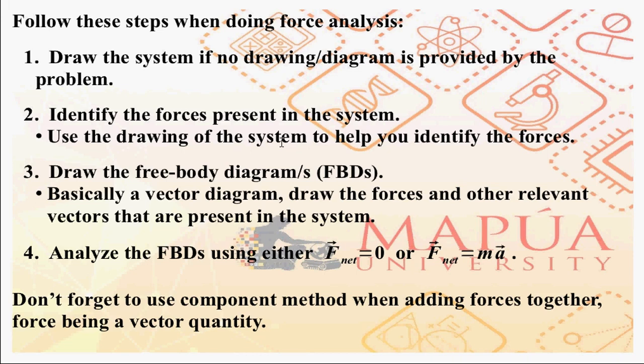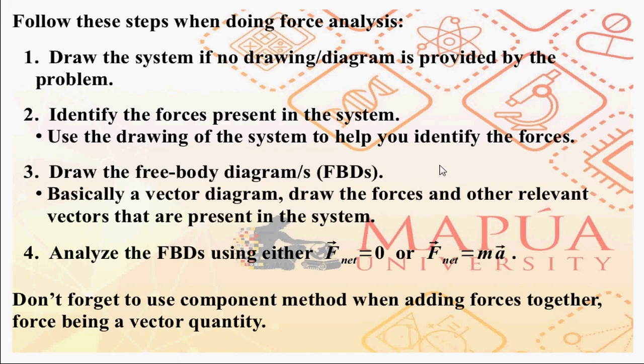And once you have identified the forces, draw the free body diagram or diagrams, FBDs. Basically, a free body diagram is a vector diagram. Draw the forces and other relevant vectors that are present in the system.